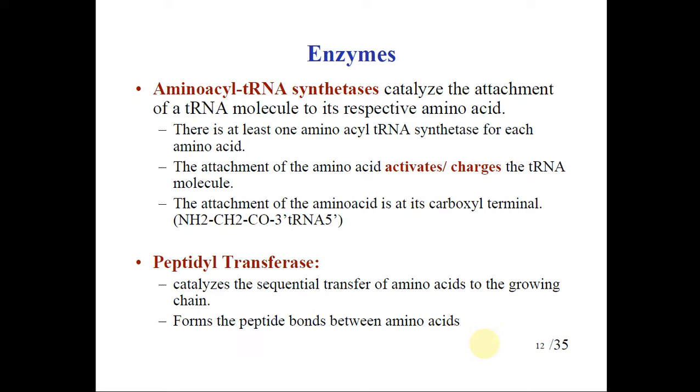The attachment of the amino acid activates or charges the tRNA molecule, and hence the tRNA, when linked with the amino acid, is known as charged tRNA. The attachment of the amino acid is at its carboxy terminal, so an ester bond forms between the amino acid and tRNA.